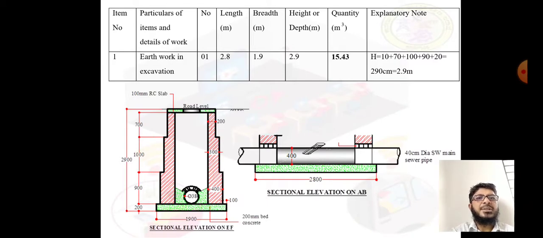These dimensions you have to refer to in these sketches. For examination, you need not draw these sketches, just for your reference we have added some detailed sketches here. So in examination you have to write only the values by referring to the sketches. Okay.